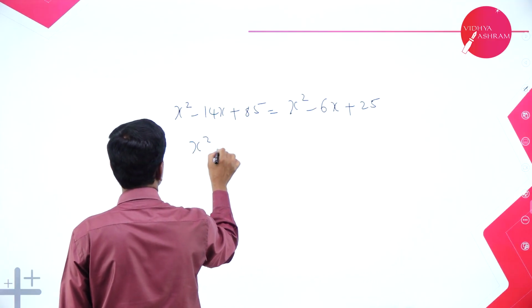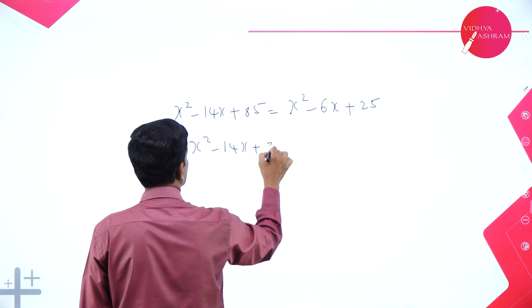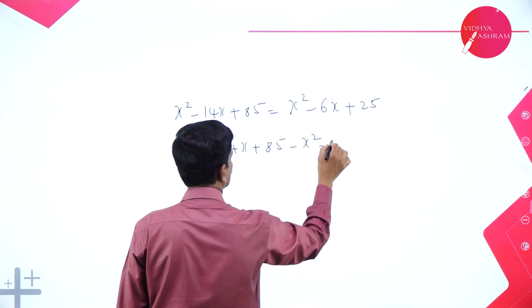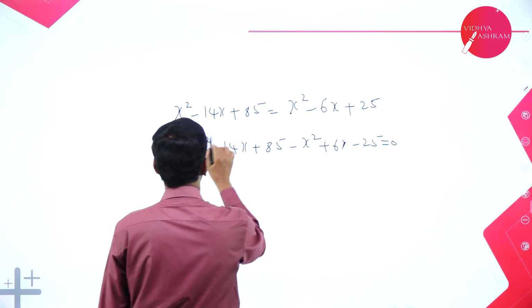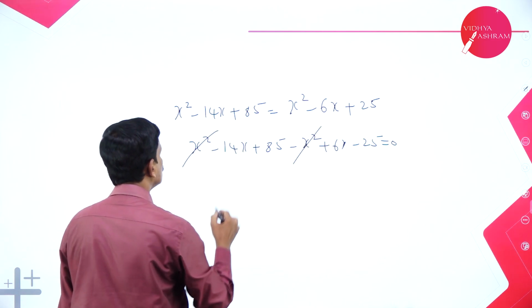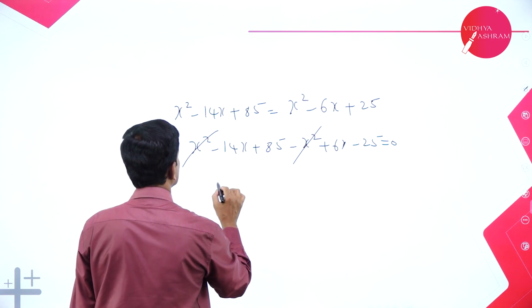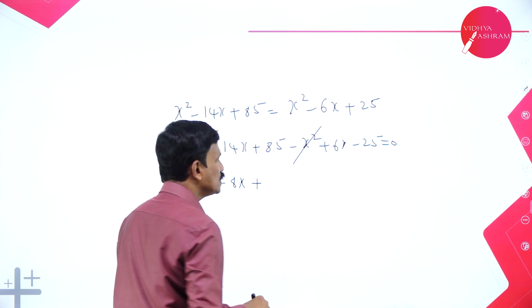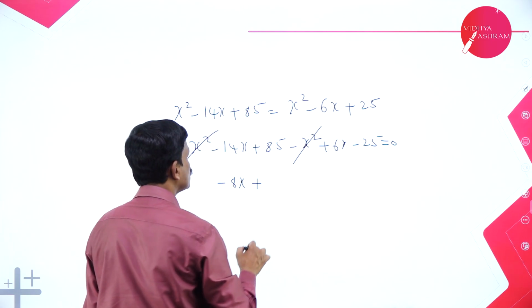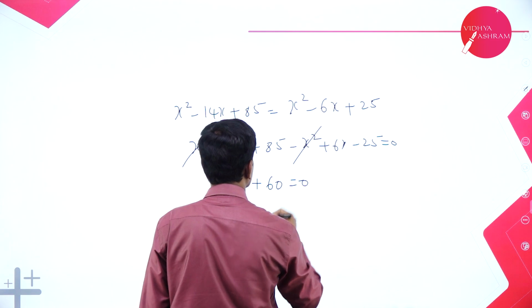So this can be written as x square minus 14x plus 85 minus x square plus 6x minus 25 is equal to 0. So minus x square plus x square gets cancelled. Minus 14 plus 6 is minus 8x. Minus 8x plus 85 minus 25 is 60, is equal to 0.